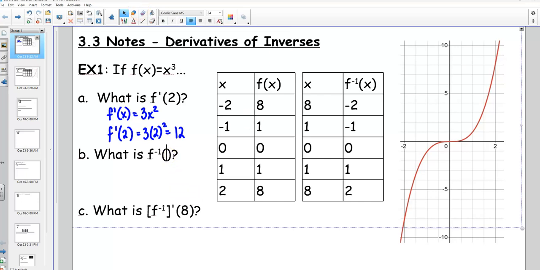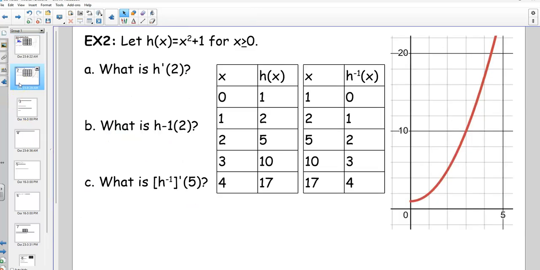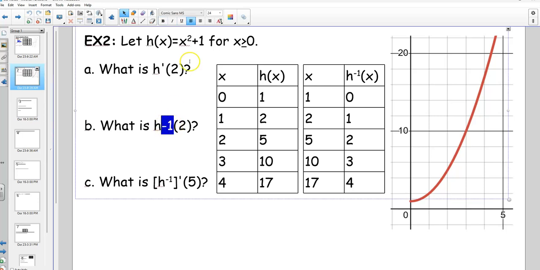This right here should be an 8. I wonder if I did that on the other one too. Oh, I messed that up. That should be an exponent, and this should be a 5. So on example 2, that negative 1 should be an exponent, and that should be a 5 right there. I messed those up.